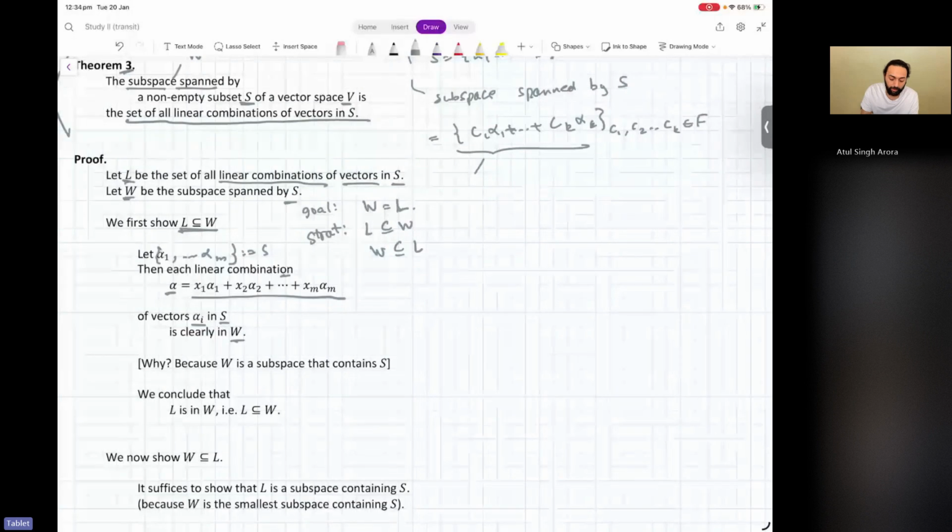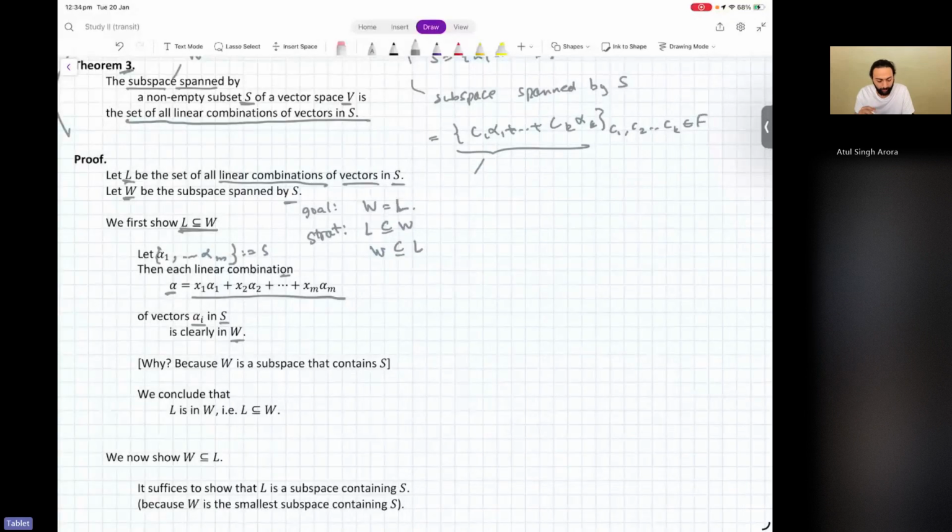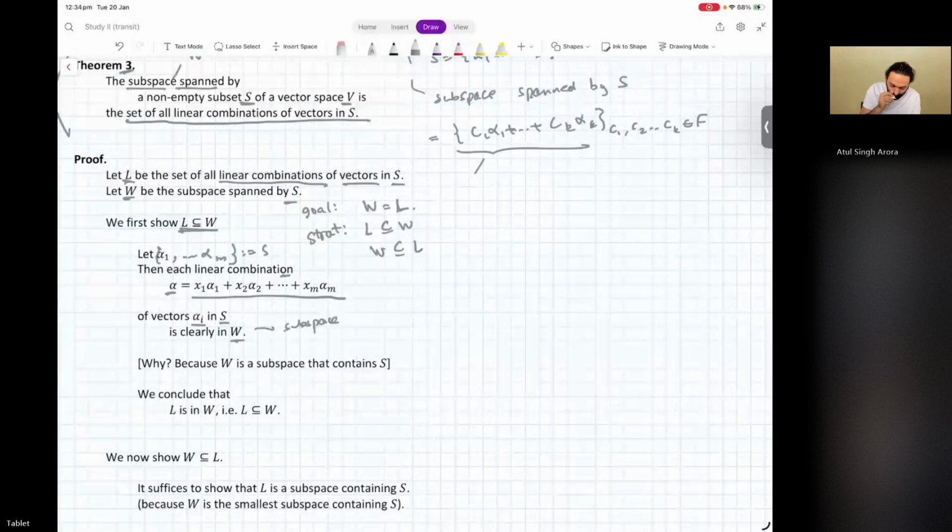Is this statement clear? Yes. And why is that? I know it's trivial, but is it because W is a subspace? Exactly. By the properties of a subspace, multiplication with a scalar and addition to another vector in that subspace results in a vector that is also in that subspace. Right, exactly, perfect.